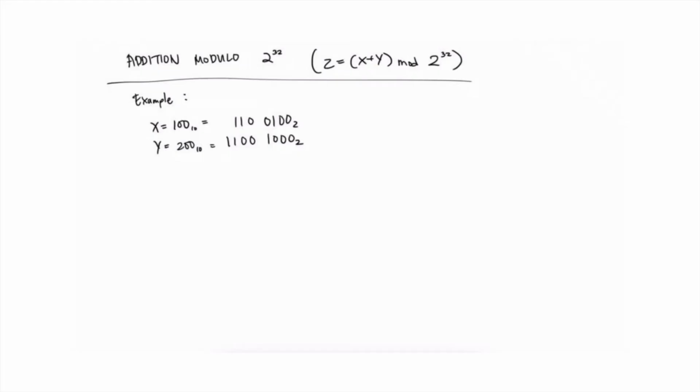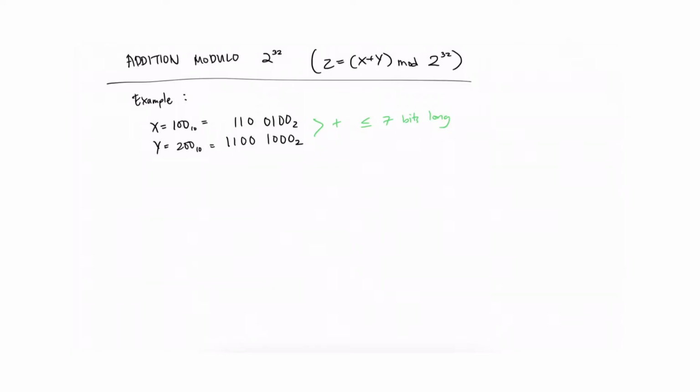32-bit words are very large, already in the range of billions, so I will just use a smaller number as an example. In that case, I will change the 2 raised to 32 divisor in order for you to properly see the effect. So for example, I will add the decimal numbers 100 and 200 together, and when converted to binary digits, I want to have a number that will not exceed the length of 7 bits.